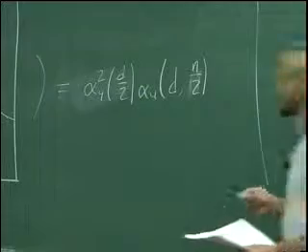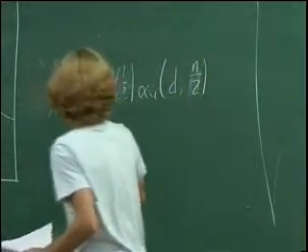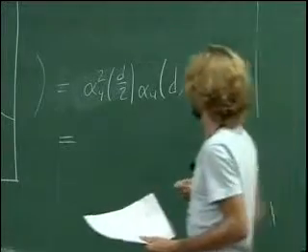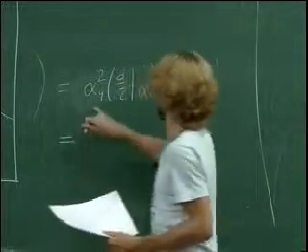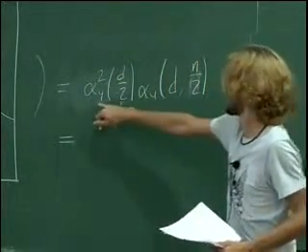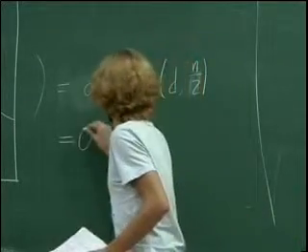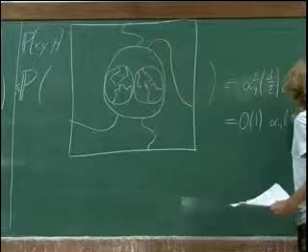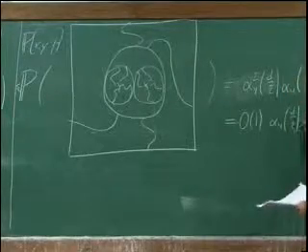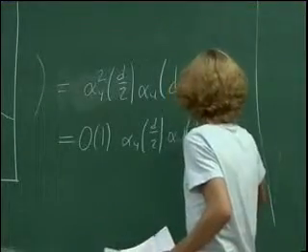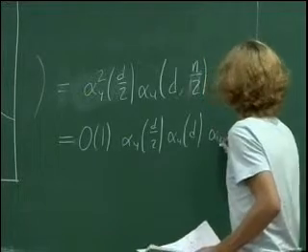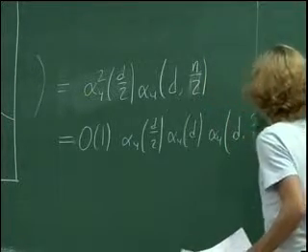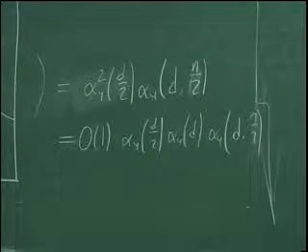Now remember, quasi-multiplicativity says that for starters, you might just replace this by big O of 1 times alpha 4 of d halves, alpha 4 of d, alpha 4 of d n halves.